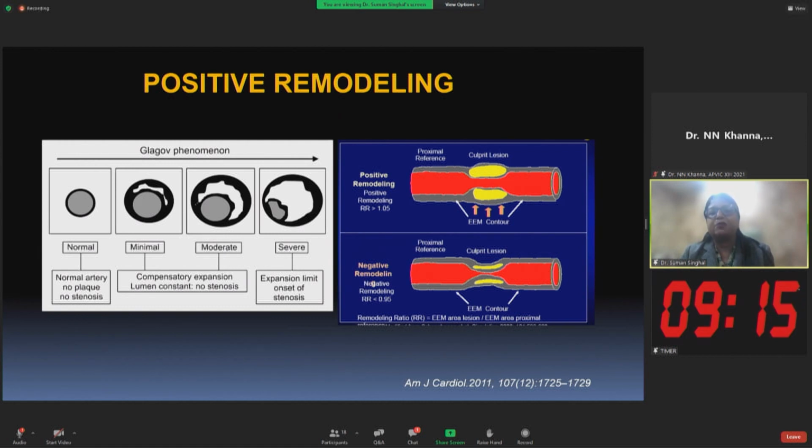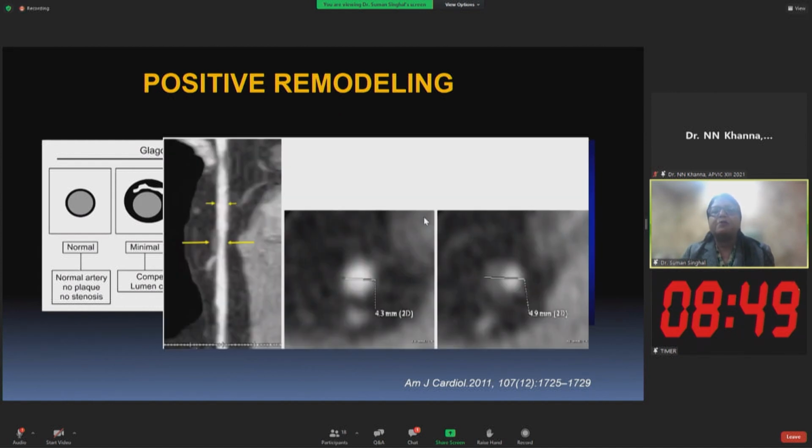Here we take the lumen diameter at the point of the lesion and the reference vessel, and we calculate the remodeling ratio. If that is more than 1, that is positive remodeling, and if it is less than 0.9, that is negative remodeling. So whenever you see positive remodeling, that is again a feature of a vulnerable plaque.